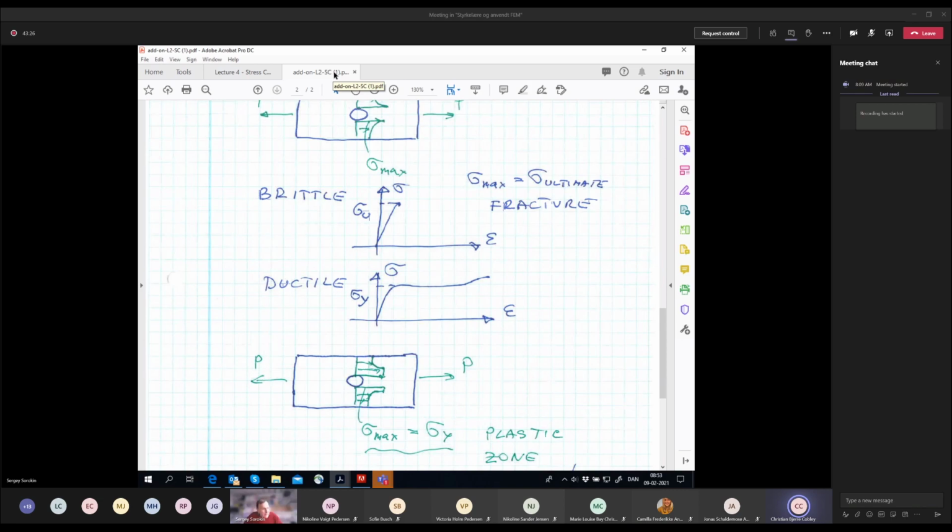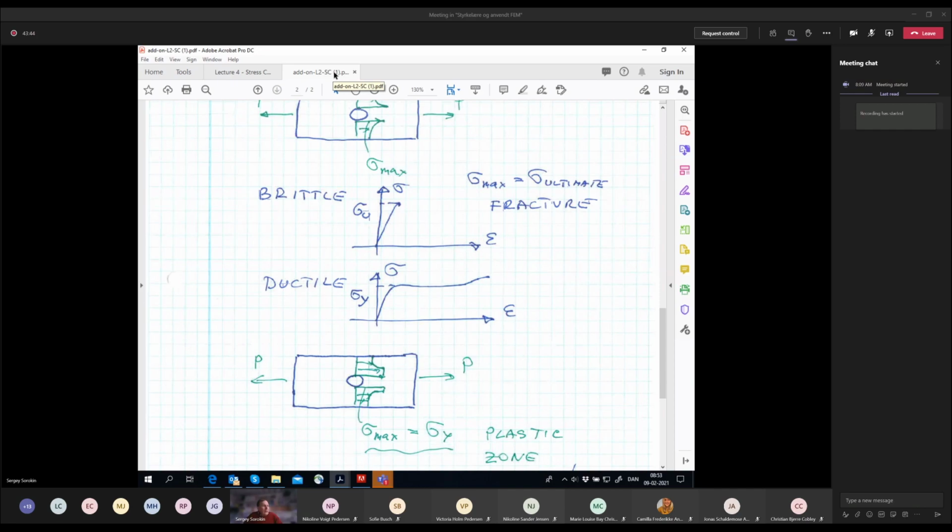I see. So if you take cast iron, and you drill this hole, and you apply the force, then it's a very dangerous thing, because almost for sure you will have fracture.